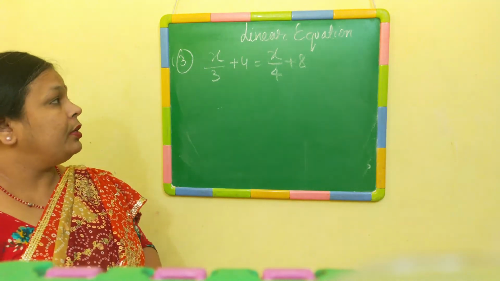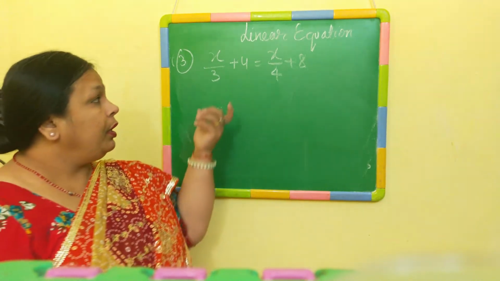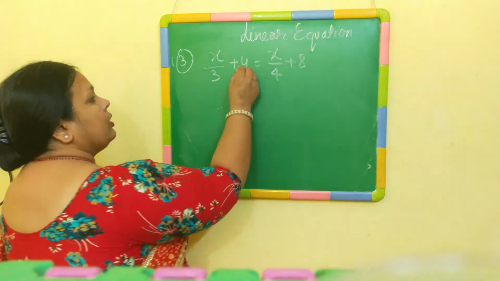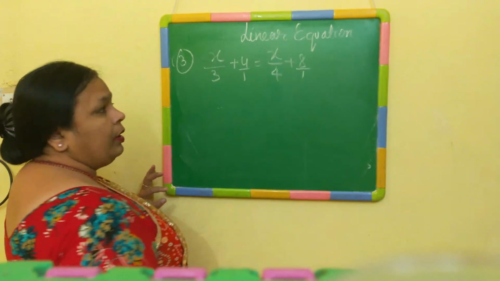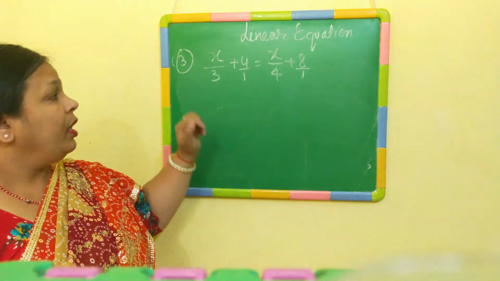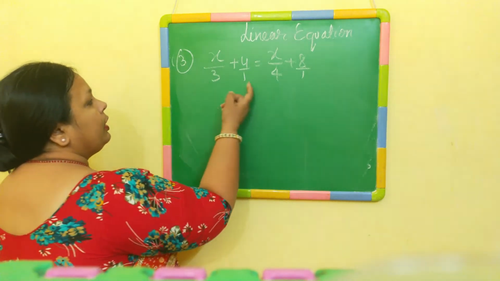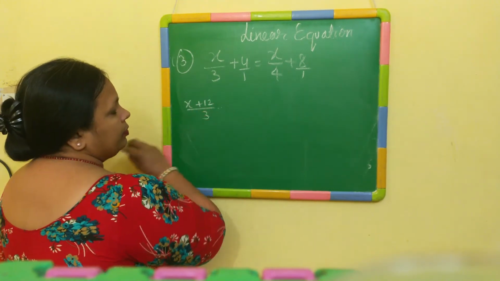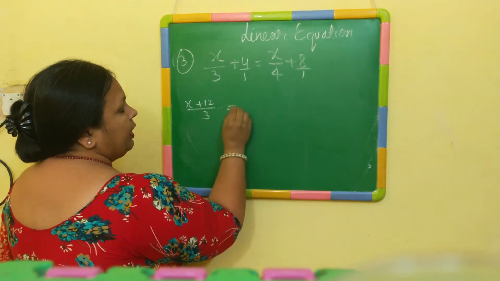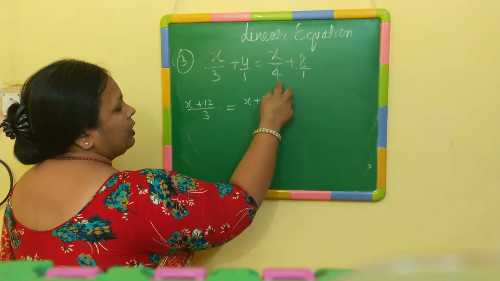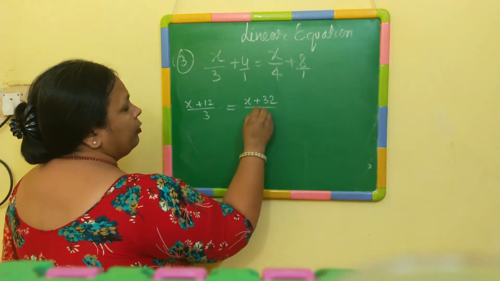The first method is that you can simply take the LCM here, taking it as 1 and 1. Clear? In such a case, we will be finding out the LCM, and if we find the LCM, this becomes x plus 12 by 3, and this side becomes x plus 8, 4 eights are 32, by 4.